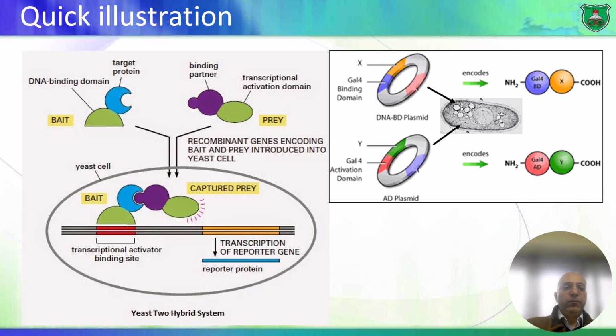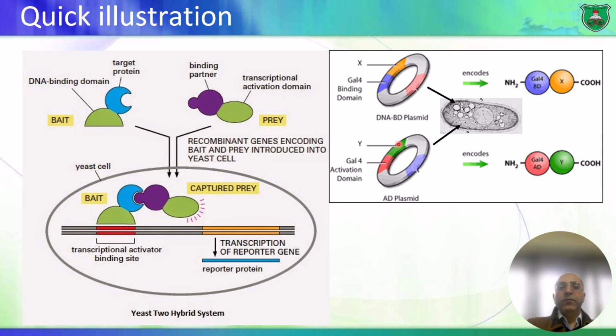And that's what we do. We create two plasmids, and these two plasmids are expression plasmids. We're going to put on one of them gene X, the gene for protein X. And it would be produced as a recombinant protein with the GAL4 DNA binding domain. So when X is produced, it's produced with the GAL4 DNA binding domain.